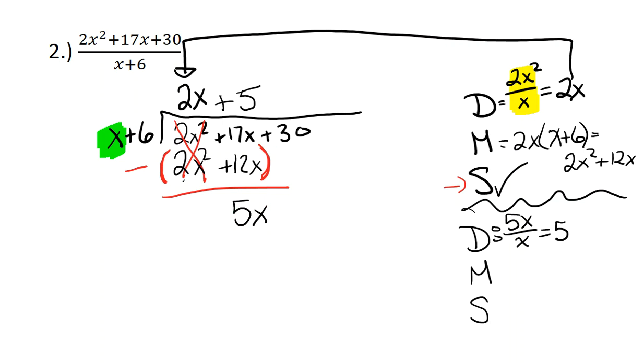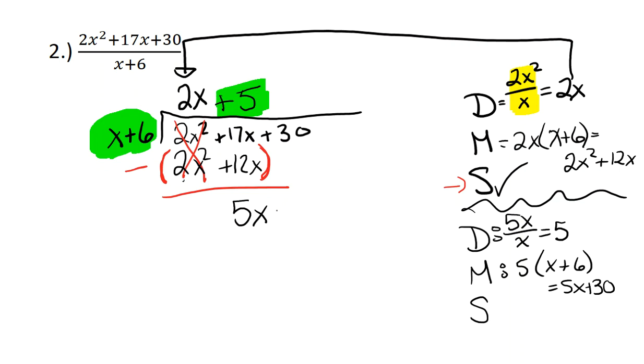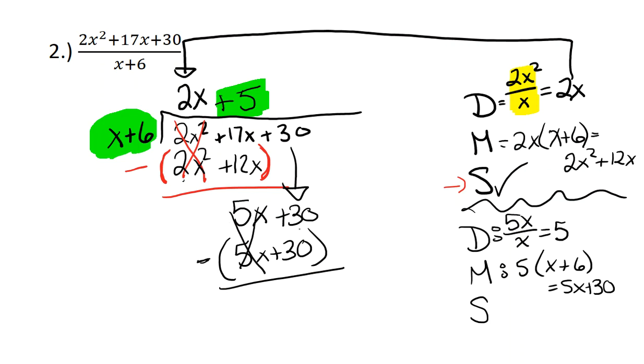From there, I'm going to take the 5, the new number I just put up there, and I multiply it again by the entire divisor. 5 times x plus 6. That's going to give you 5x plus 30. I'm going to drop this down, and I'm going to put the 5x plus 30 right here. And I'll subtract 5x minus 5x, 30 minus 30, and it's 0, so I have no remainder. So my answer ends up being 2x plus 5.